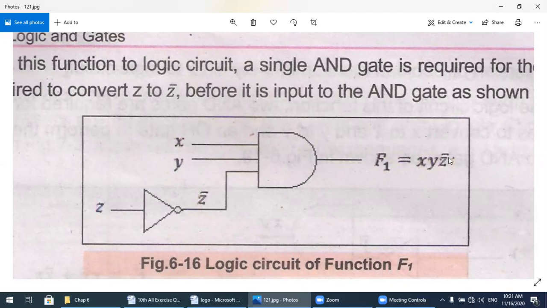All of these three binary variables have which operation? The AND operation, because they are multiplying. As I told you, the dot operator represents the AND operation, x dot y dot z. So you can write x y z complement. When they pass through the AND gate, it will give you the same equation, F1 equal to x, y, and z complement.